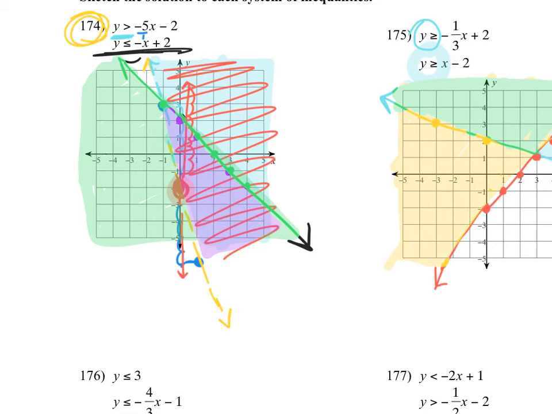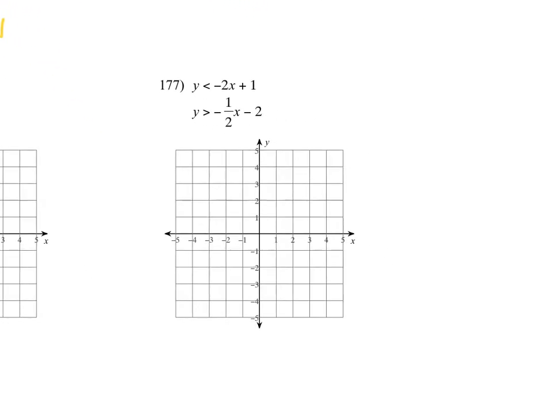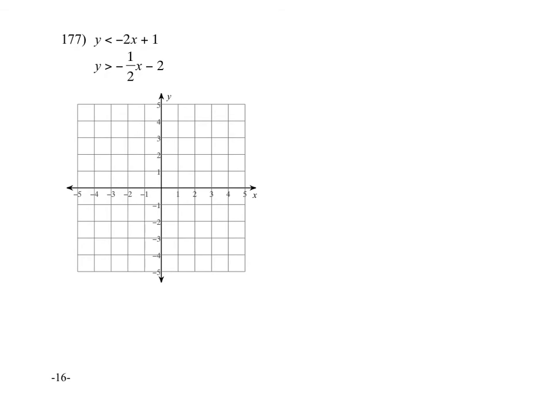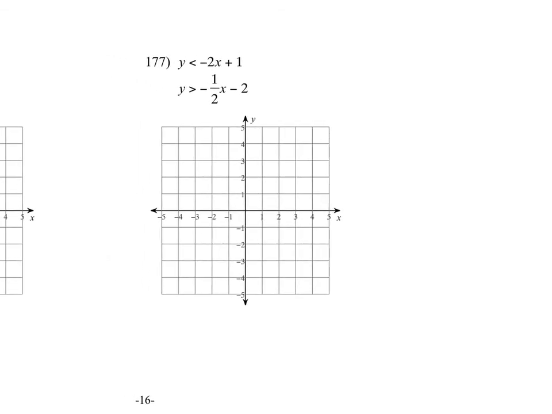Okay, again, let's do one more since it was a little bit confusing. That was my fault. Let's do number 177. So 177, the first one, you start at 1, and then down 2 over 1, down 2 over 1, down 2 over 1.